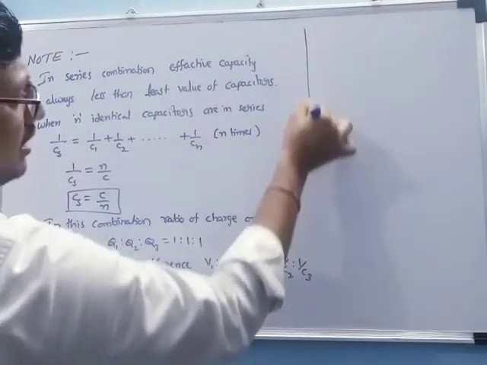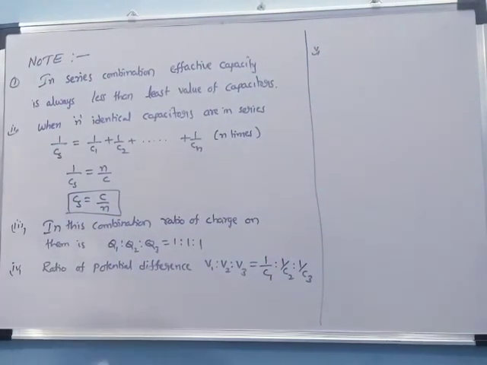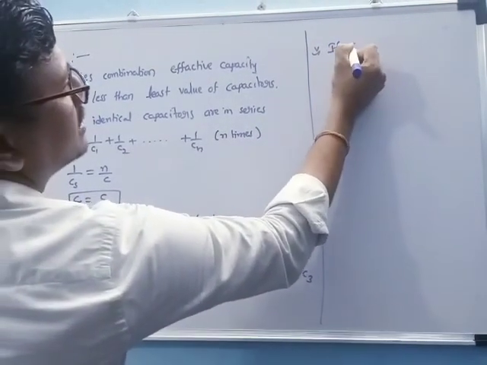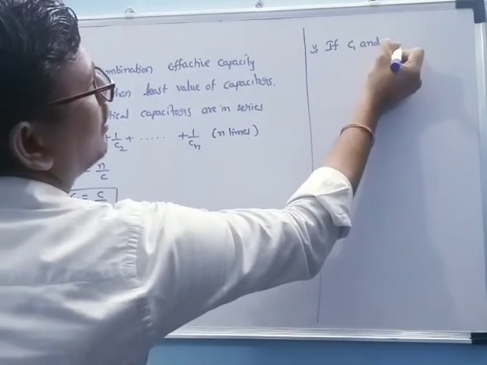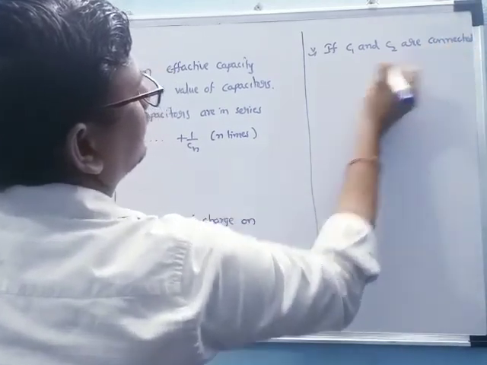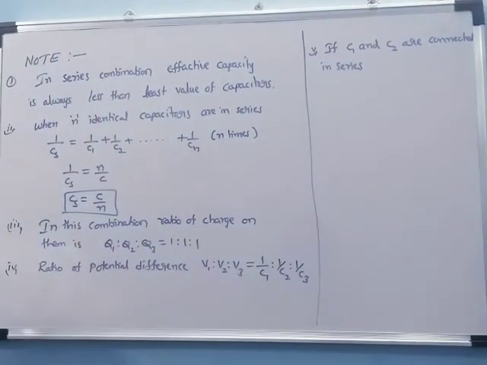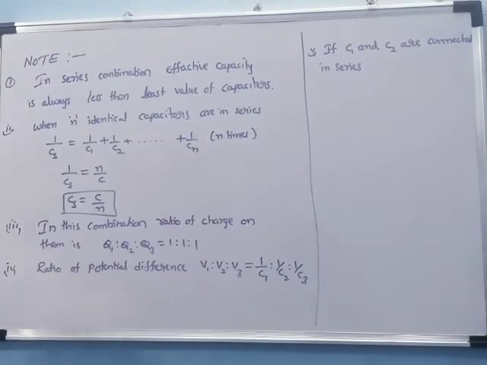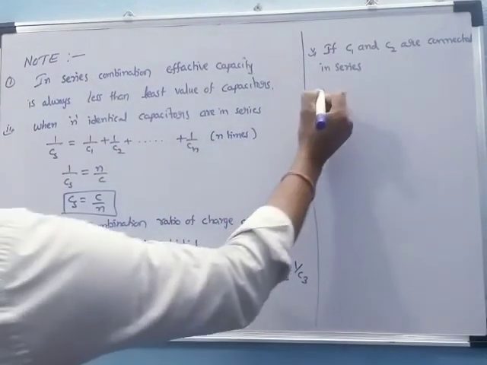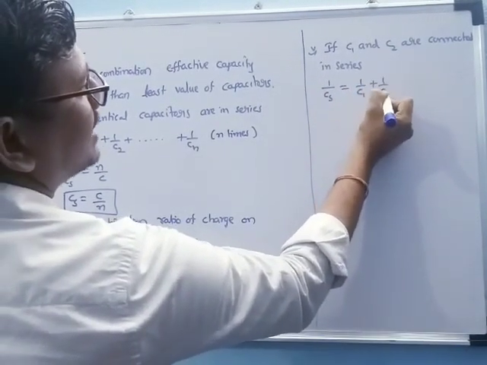Now next, the last property for this one, that is the fifth one. If C1 and C2 are connected in series, that is, if two capacitors are connected in series, then find its effective capacitance. 1 by Cs is equal to 1 by C1 plus 1 by C2.